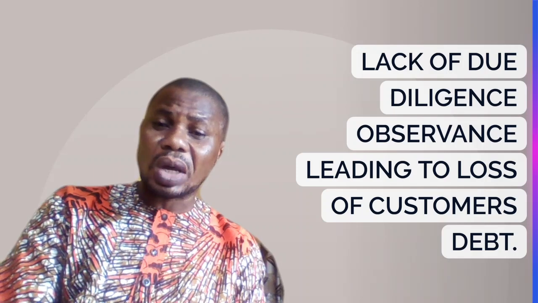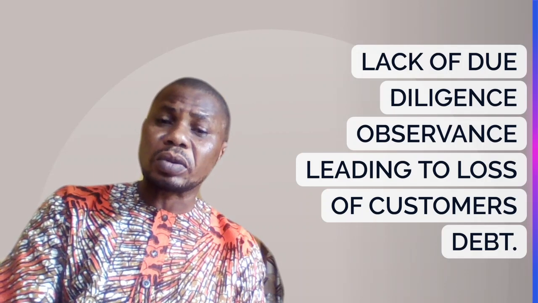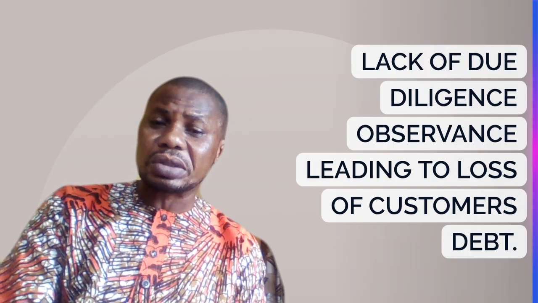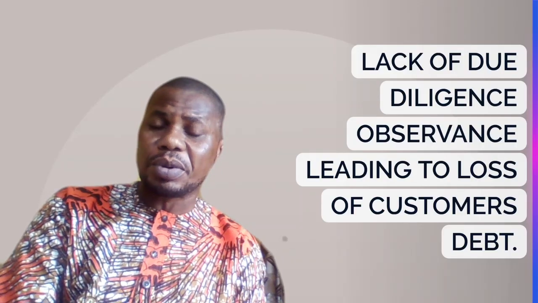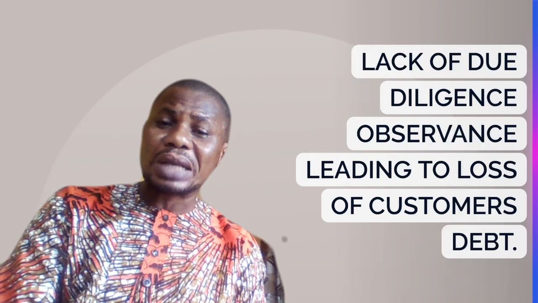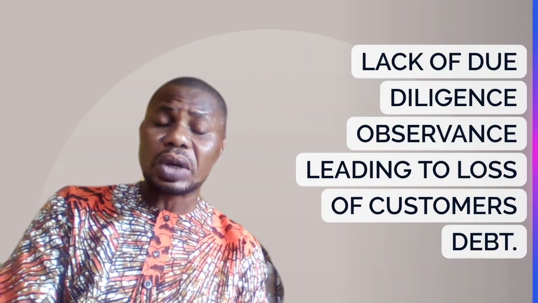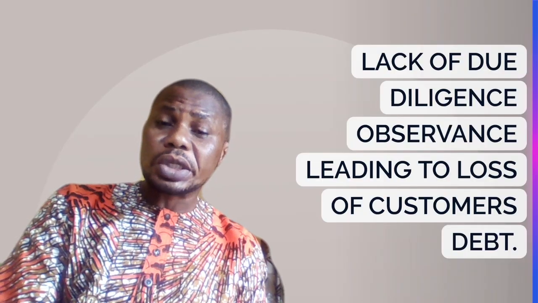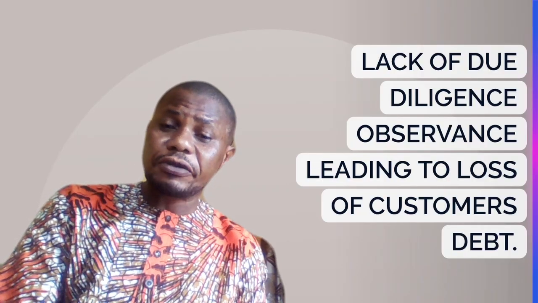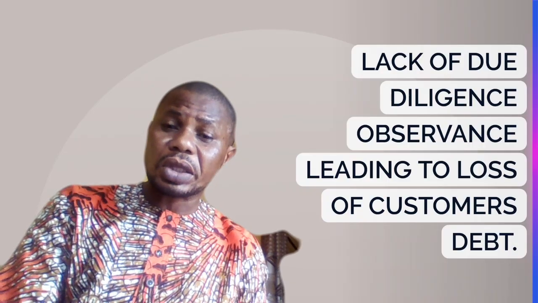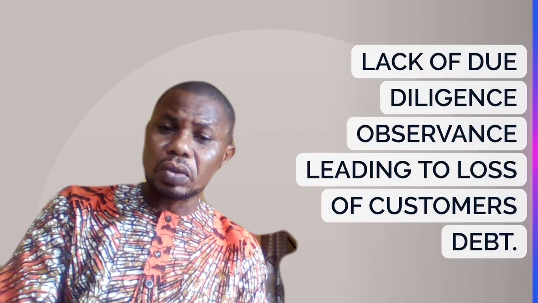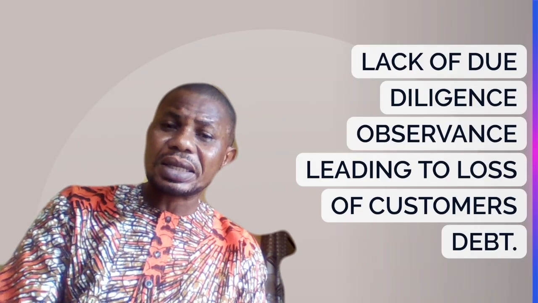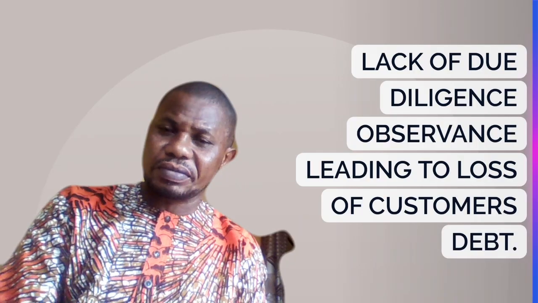But if it is manual, it's subject to damage. Water can spoil it, fire can burn it, rats can eat the invoice up, and by so doing you start looking for the invoice and you will not see it. And as long as you don't see the invoice, there is no evidence. So what you do is, after the customer has signed the invoice with his name, take the invoice, scan it and store it on the system.